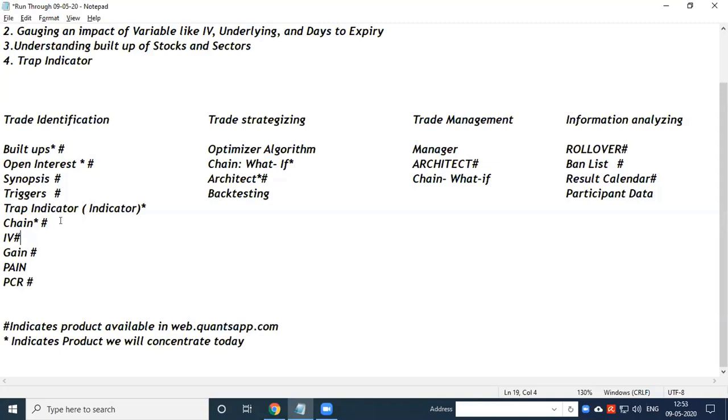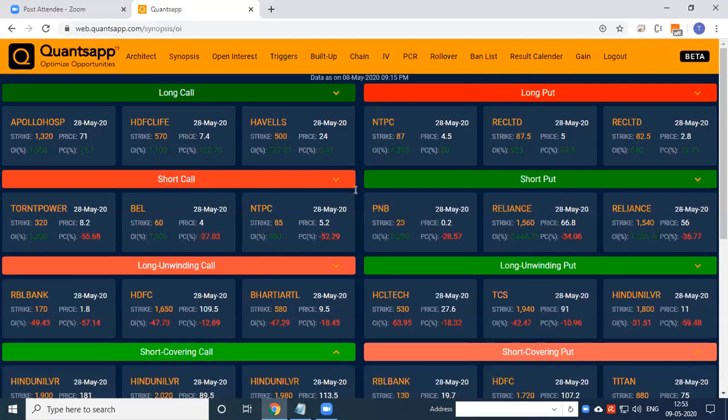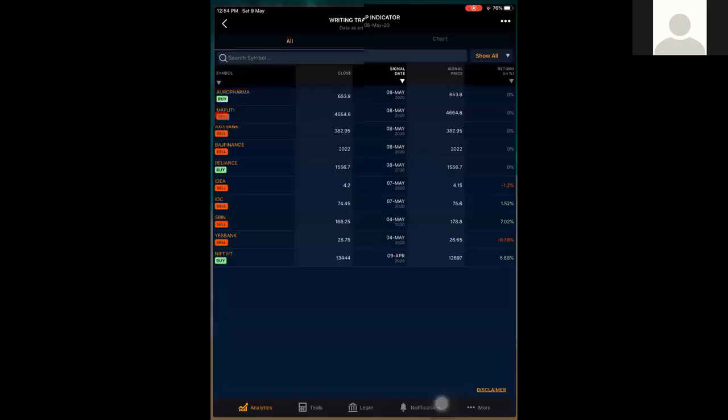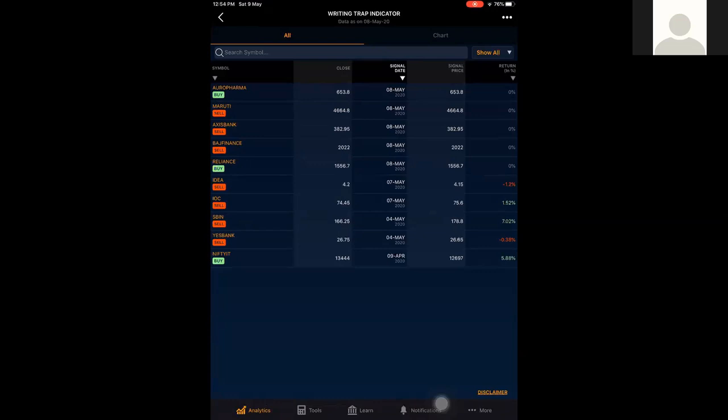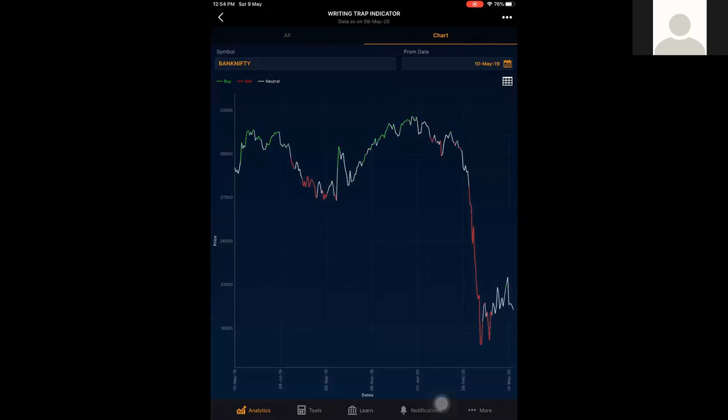So now when we go to the trap indicator, yes, here is the trap indicator again. I go to the chart view. I see Bank Nifty. Okay, so look at Bank Nifty.